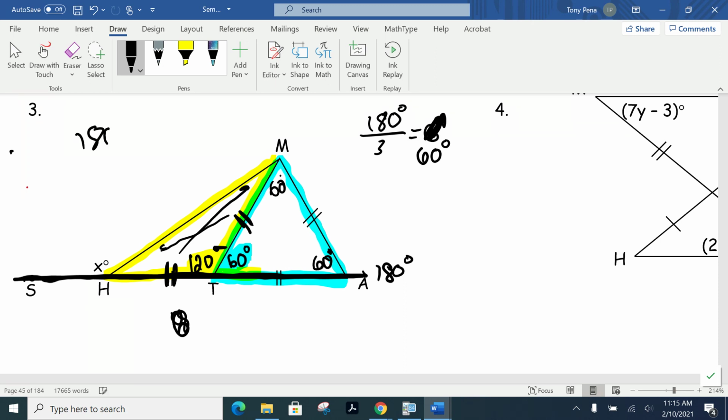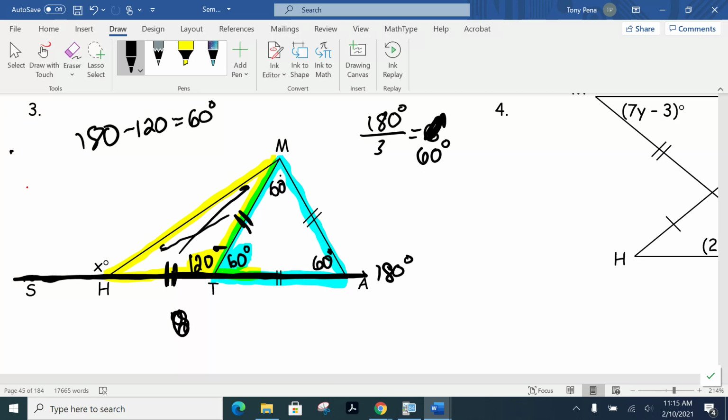We have 180 degrees total in a triangle. So now look at the yellow triangle only. We know these all have to add up to be 180, but didn't we already use 120 of those degrees right here? So there are only 60 degrees remaining for the two missing angles in the yellow triangle.